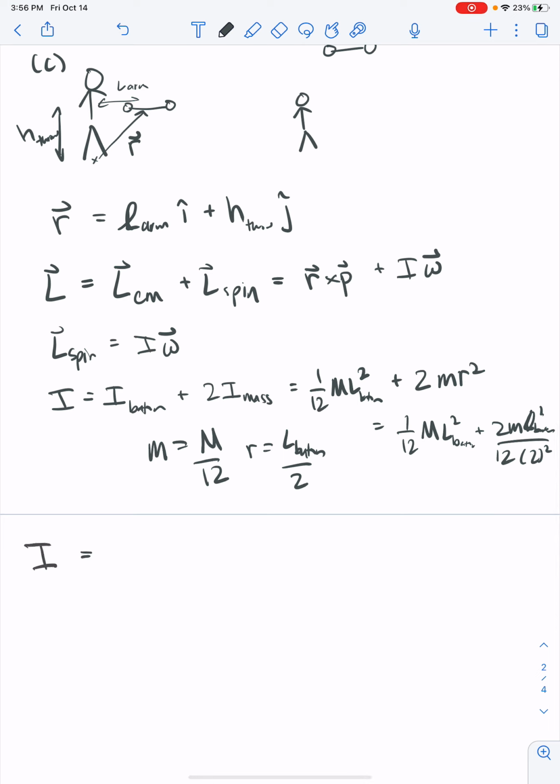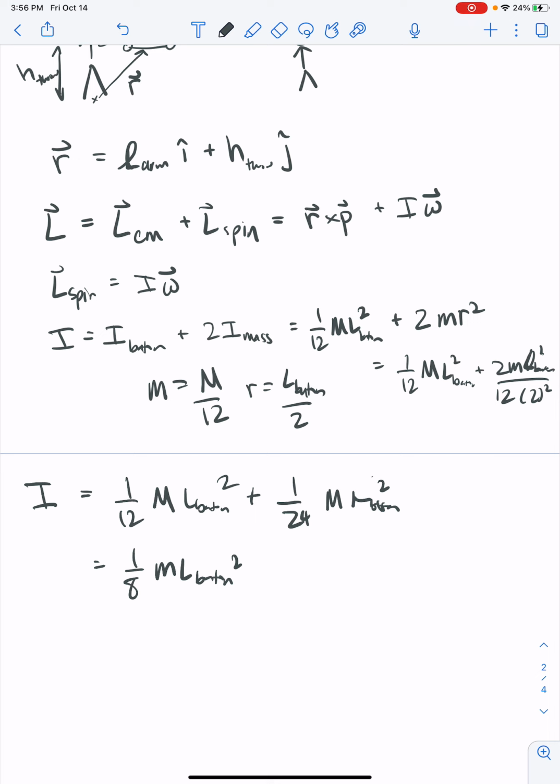So that gives us the total I is 1/12 m L baton squared plus 1/24 m L baton squared, which is 3/24, which is 1/8 m L baton squared.